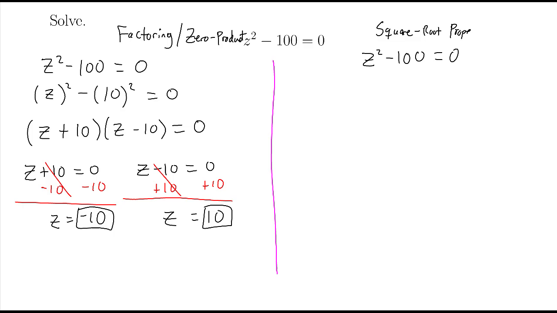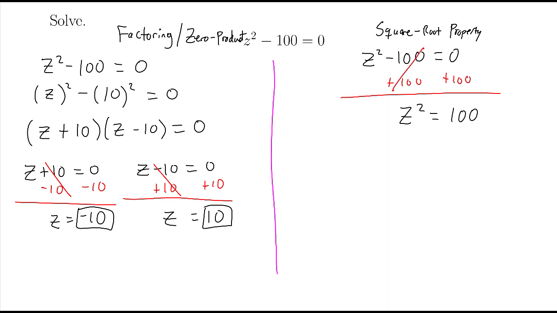Now, get the z squared by itself. I'm going to add 100 to both sides. z squared equals 100.